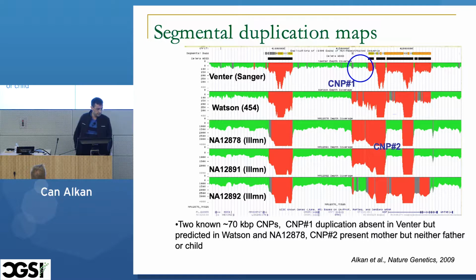For example, this part is not duplicated in the genome of Craig Venter, but it is duplicated in all the other genomes in this slide. And this part is not duplicated in the genome of NA12878, but it is duplicated in the mother's genome. NA12892 is the mother of this sample. It is duplicated there, but not duplicated in the father.